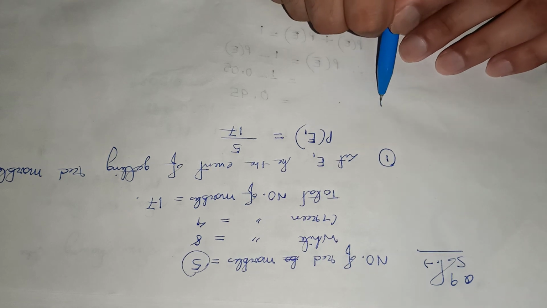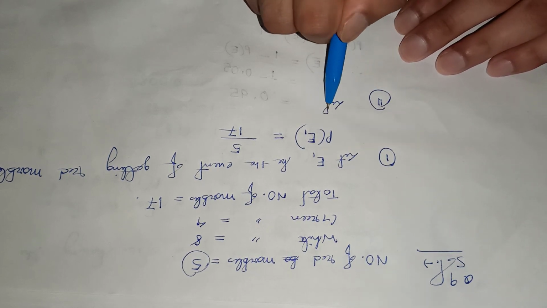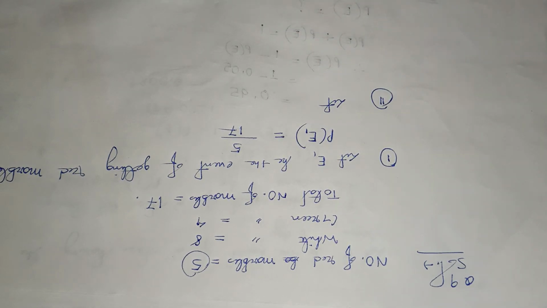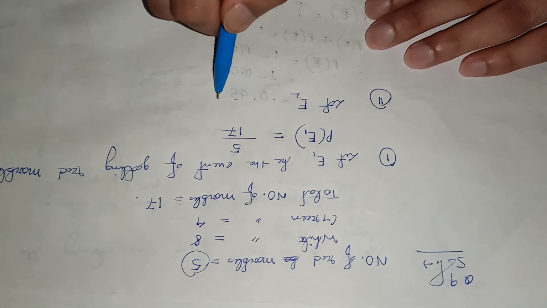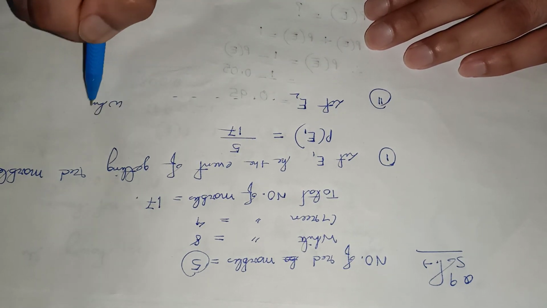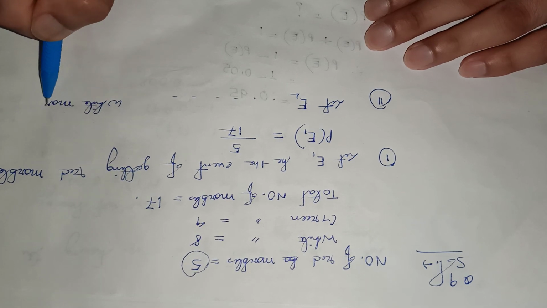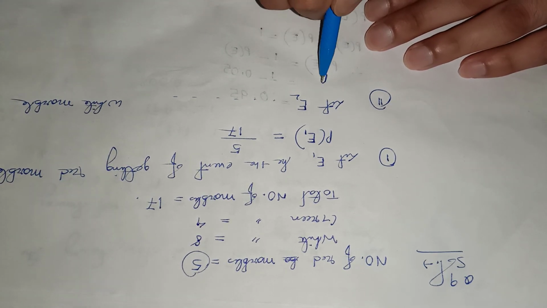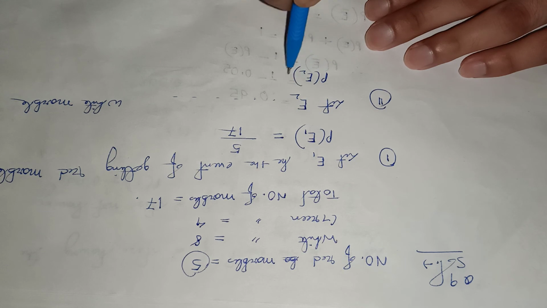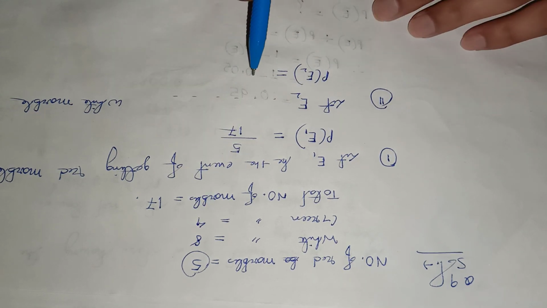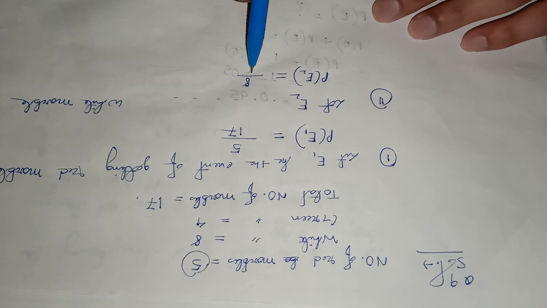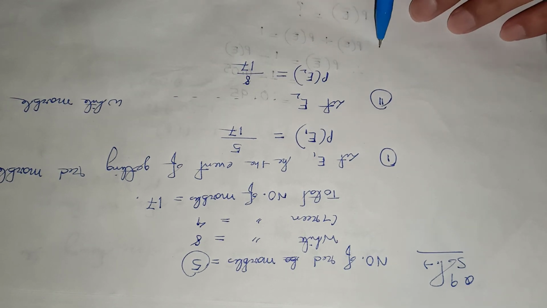Very simple. Number 2, this time you want white marble. So let E2 be the event of getting white marble. So your probability of E2 will be, there are only 8 white marbles, so the number of favorable outcomes is 8, by total number of outcomes 17.